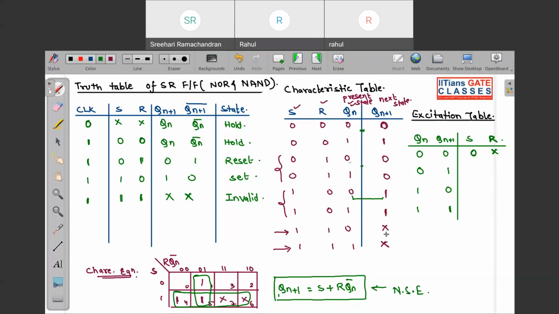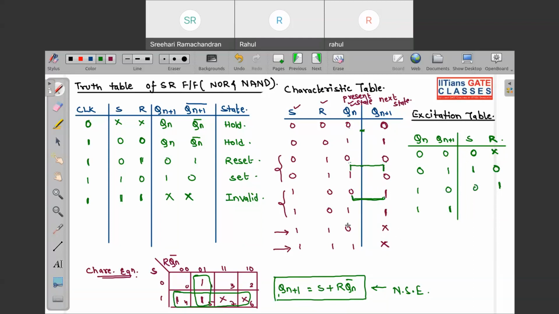Now don't take this case, okay, this is don't care. We don't know exactly what the condition will be. So for this 0, 1, you can see the state is 1, 0. So write it as 1, 0. Now see 1, 0: when Qn is 1, Qn plus 1 is 0. So only at this place we have it. Any other place we don't have. So for this we have 0, 1.